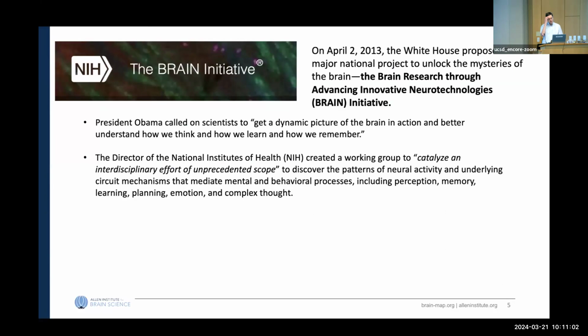People have been interested in cell types for a long time. It goes back to the original work of great neuroscientists like Ramon y Cajal, who undoubtedly you're familiar with. Santiago Ramon y Cajal was a Catalan, from Catalonia. He's regarded as one of the grand fathers of neuroscience.